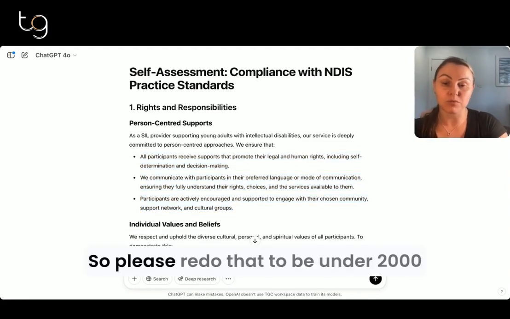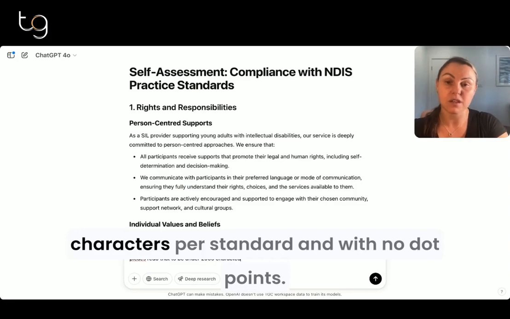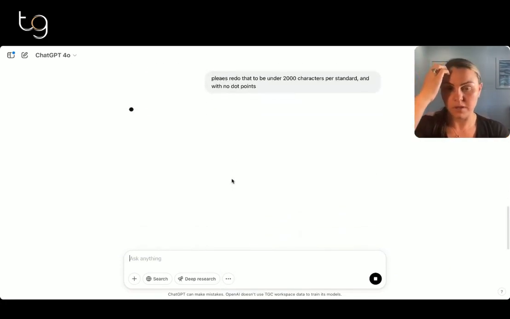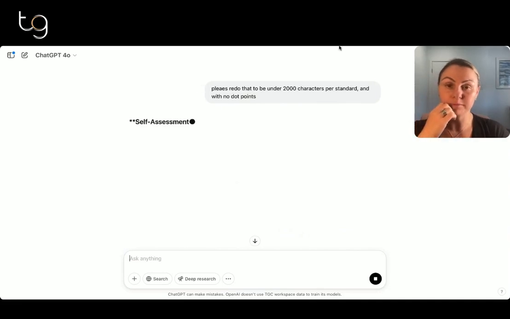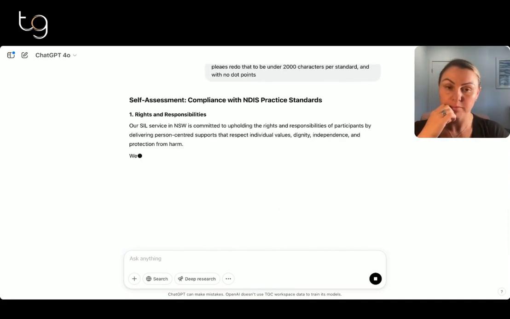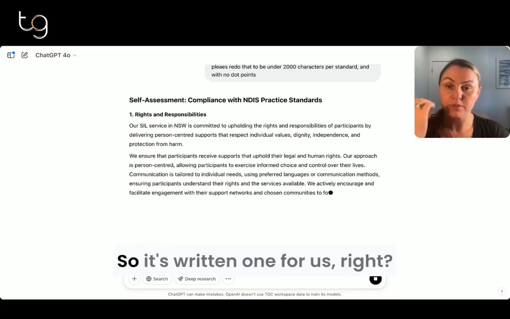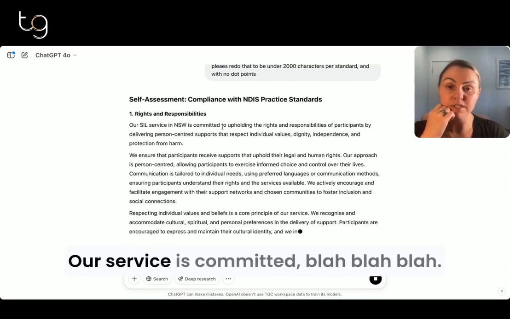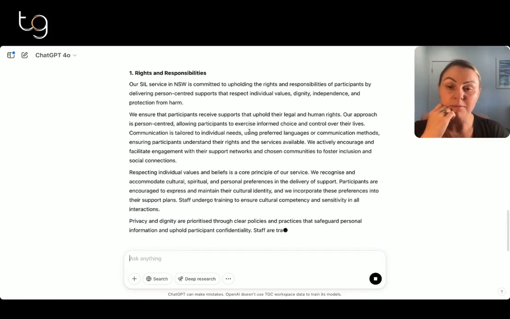So please redo that to be under 2,000 characters per standard, and with no dot points. Cool. So it's written one for us, right? Our service is committed, blah, blah, blah.